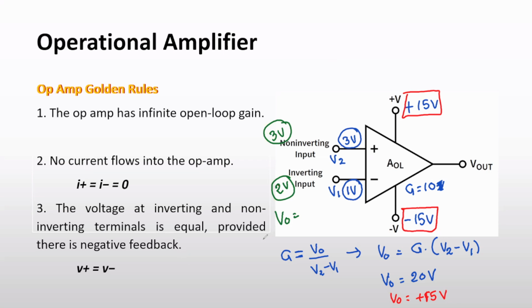Yes, the answer is 10 volts because the difference is 1 volt and it is gained by 10. So therefore it's 10 volt, and as the supply voltage is between plus 15 and minus 15, you can obtain this voltage. So that's okay. Please note down the important things. Then you can go to the next part.